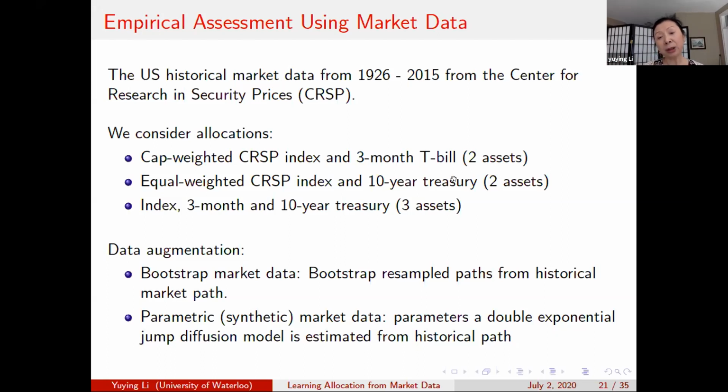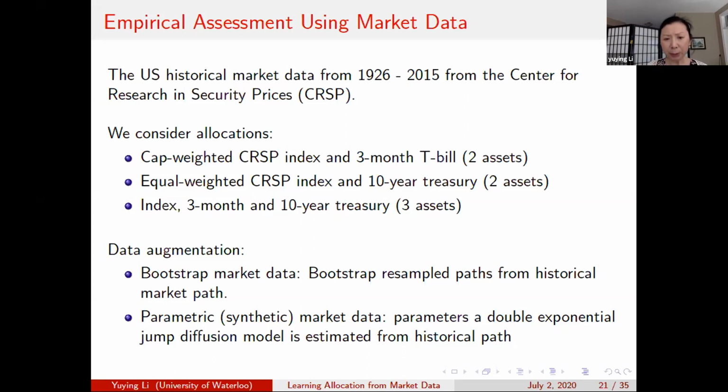I'm also going to consider a different two asset allocation, using an equal weighted index and 10-year treasury, as a different performance assessment. We will also consider a 3 asset allocation problem involving one of the indices, 3-month bills and 10-year treasuries. And of course, we will also consider the beating the benchmark problem as well.